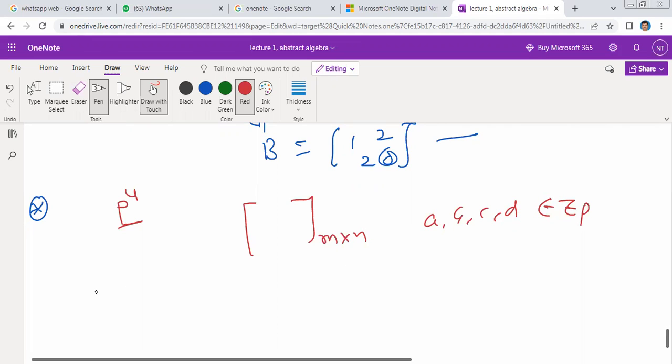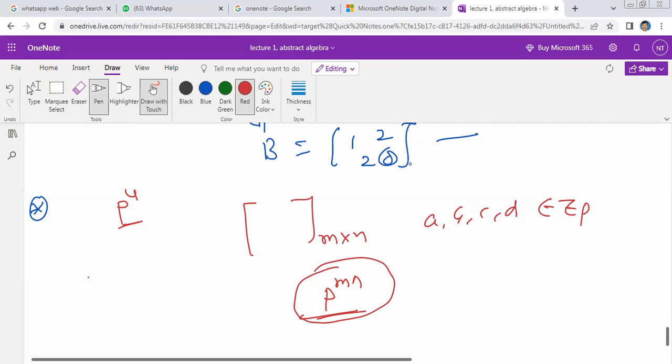Simple, as you said earlier, p power m, p to the power of mn. So if G is a group of matrices of order m by n with respect to modulo p, then the number of elements is p to the power of mn.